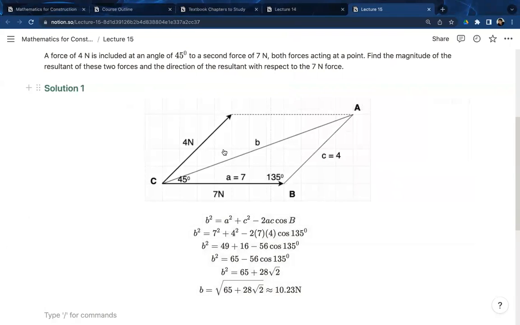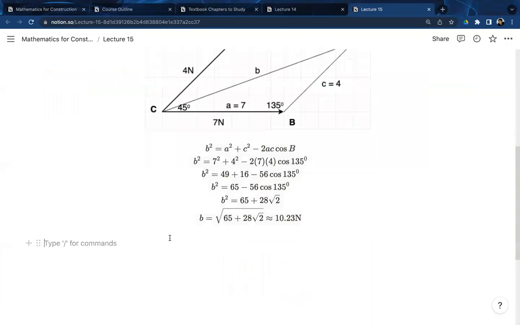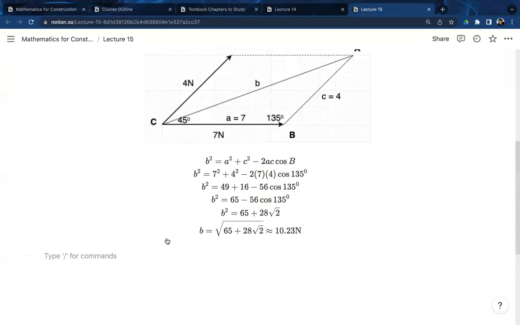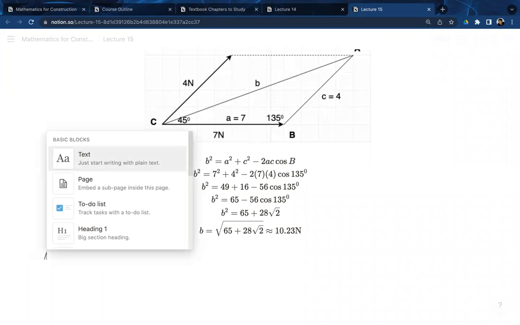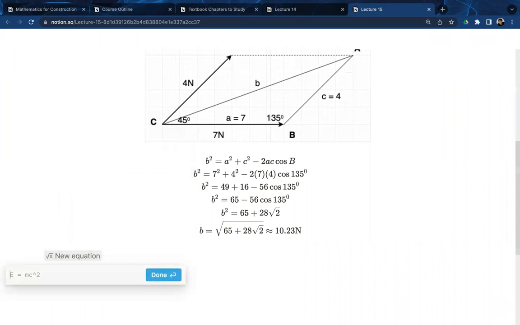But what is the angle? What is the angle ACB? All right, how will you find that?